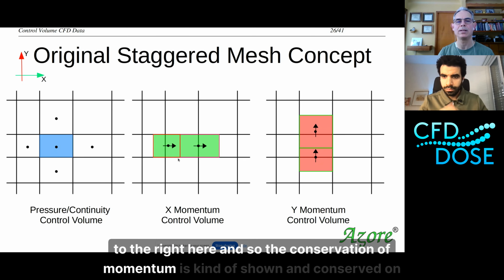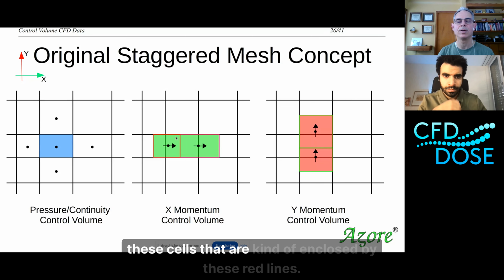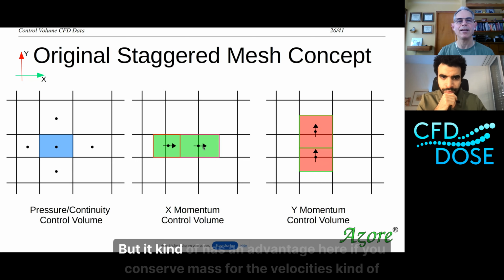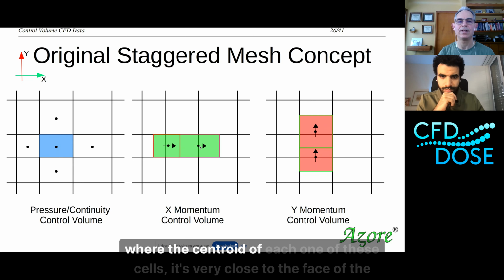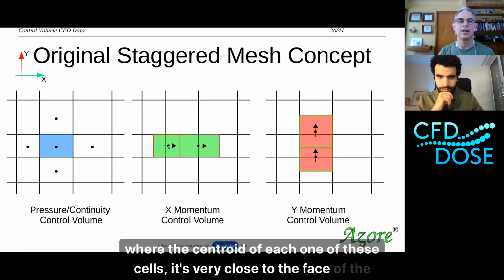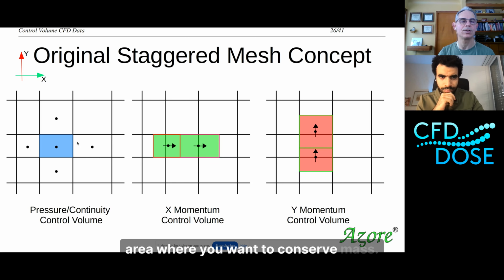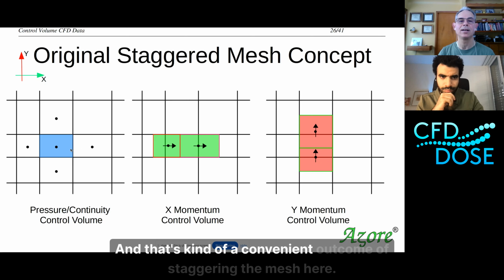The conservation of momentum is conserved on these cells enclosed by these red lines. But it has an advantage here. If you conserve mass for the velocities going from left to right, you'll notice that the centroid of each one of these cells is very close to the face of the area where you want to conserve mass. That's a convenient outcome of staggering the mesh here.